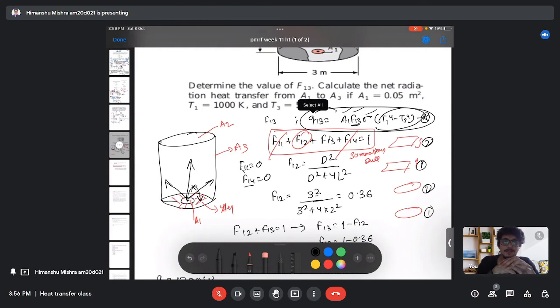In that case, we can either use a chart or some empirical correlation to find the view factor, and you can easily find these things in the books, I mean, the chart and the relation of the view factor in such geometry. So we get the F12 view factor from this. And then we use the summation rule itself to find F13. And after finding F13, we can find the radiation heat transfer, Q13.